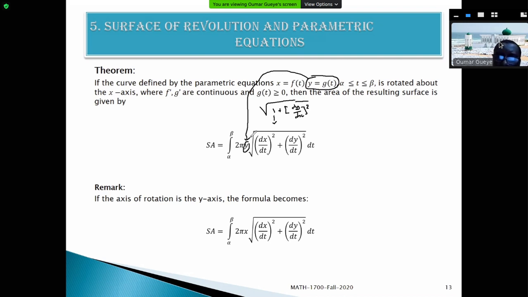Since you integrate with respect to t, this function should be in terms of t, and under the square root, when it comes to the derivative, you will get the function in terms of t. That's why you have to substitute y by its equation.